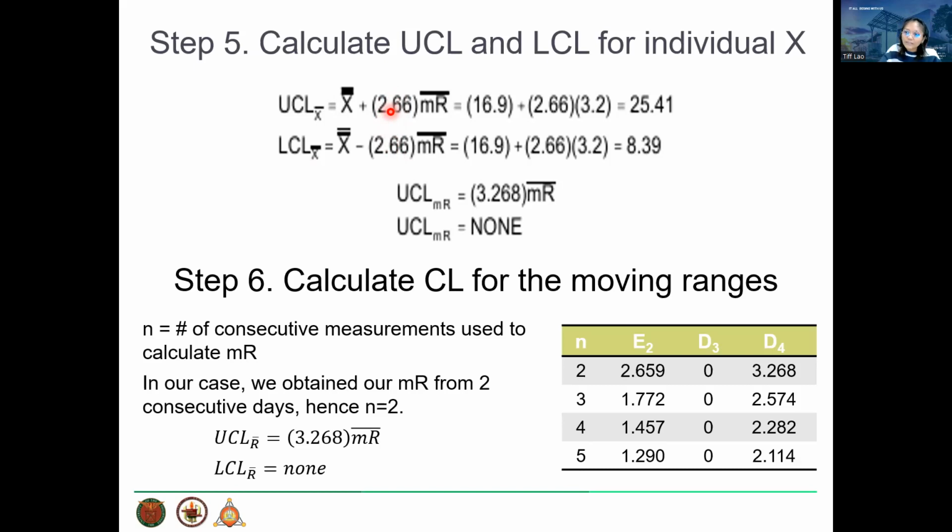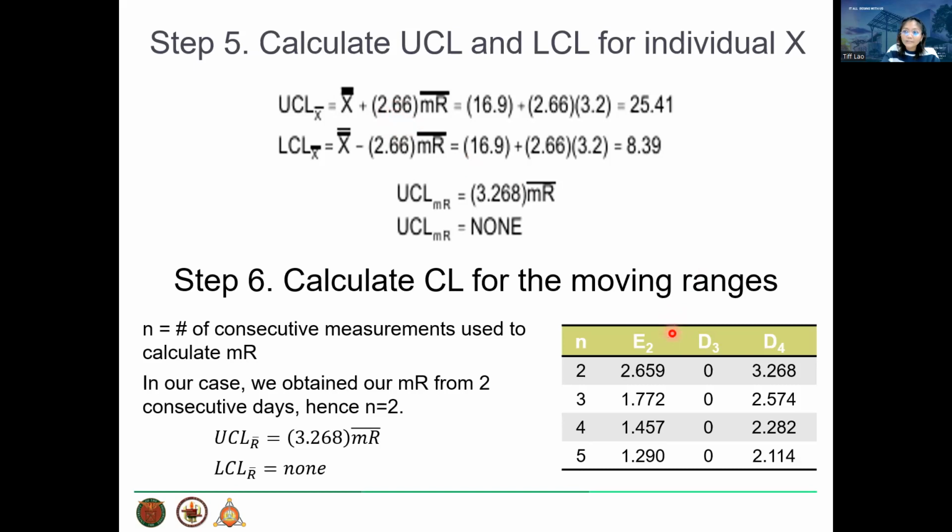Okay? And since, di ba sabi ko kanina, the table of constants for SPC depends on the observations. But then again, ilan nga yung number of observation natin dito? For XMR, number of observations, hindi data points. 1. Since 1 lang naman siya automatic for XMR, ang kukunin na natin dito na mga constants ay yung lowest doon sa table of constants.